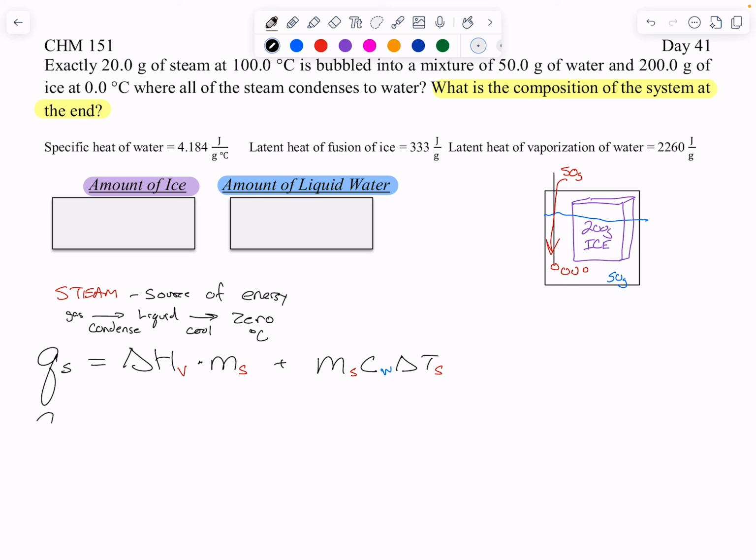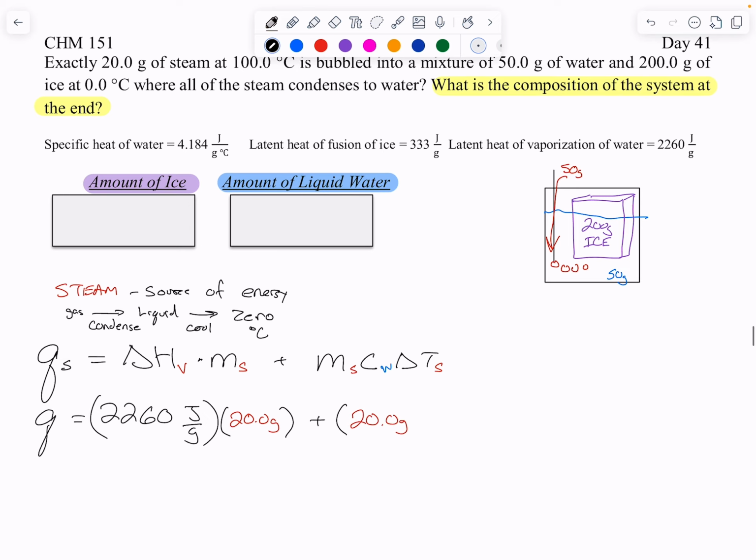All right, so I'm just going to write Q equals delta HV, which is 2260 joules per gram, and our steam was 20.0 grams, plus... oh, not plus, sorry. Let's go with 4.184 joules per gram degrees Celsius.